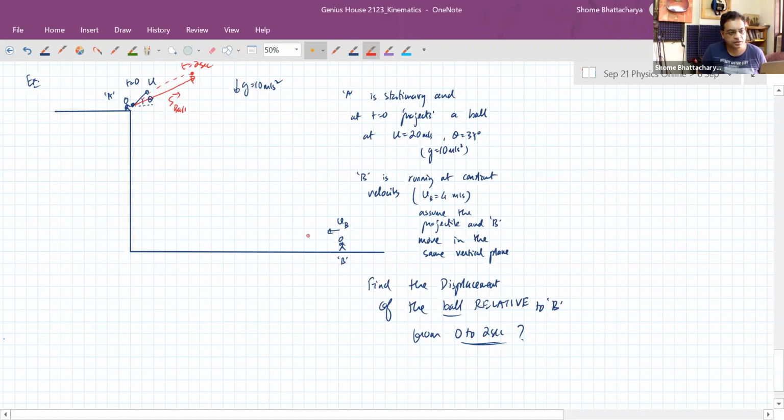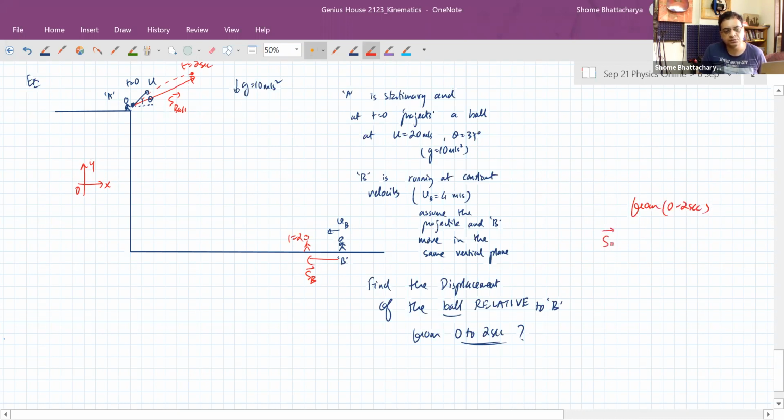And B would have displaced to somewhere like this. So the displacement of B would be like this. It doesn't even matter where we are taking our origin, as long as we are taking our XY axis like this.